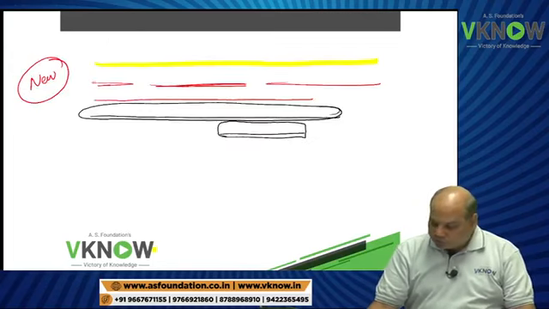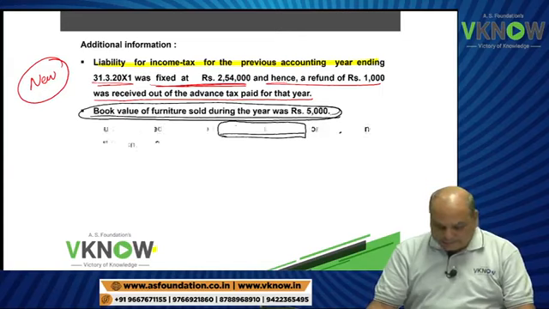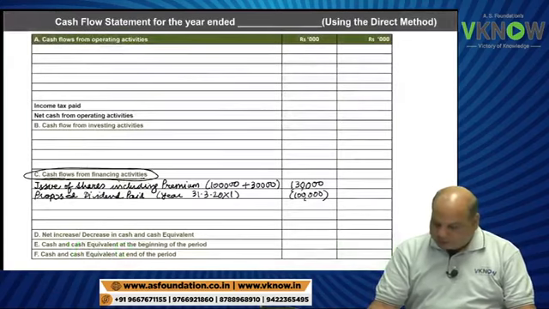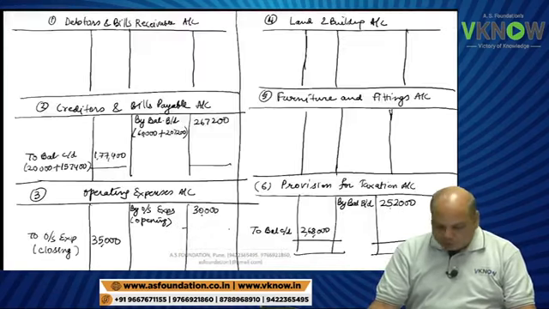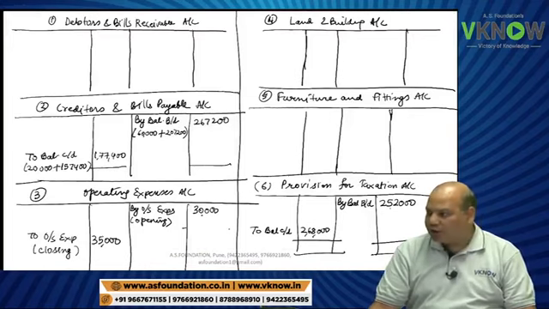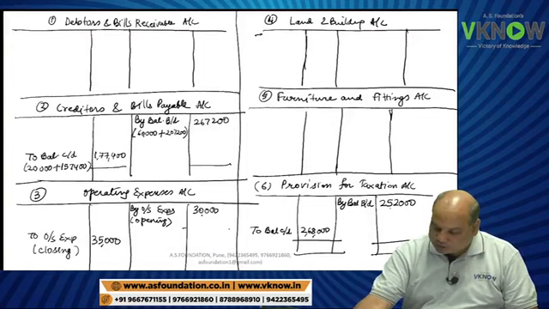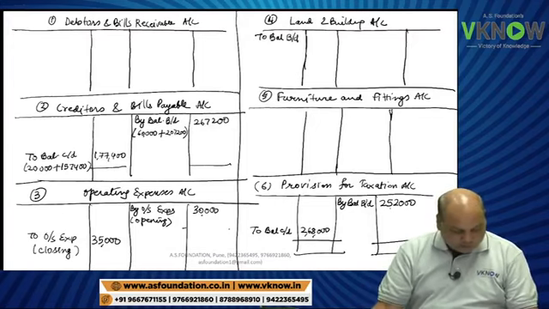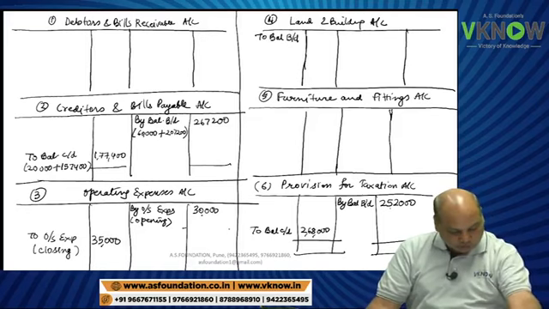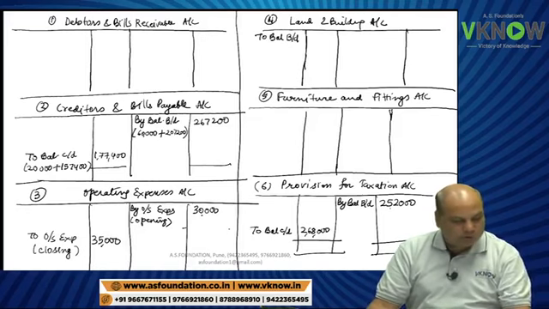So now we'll come to the next point, asset side, land and building. There is a working note on land and building on the screen. Debit side, to balance brought down. How much is to balance brought down?